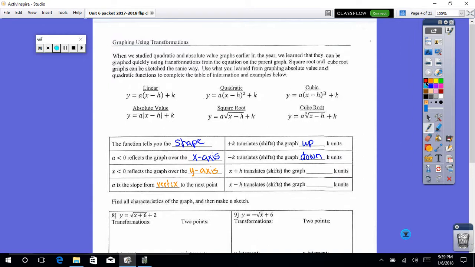Okay, and just like with circles, if I put a plus h, it actually goes the opposite direction. Okay, a plus h would actually move it to the left, and a minus h actually moves it to the right.